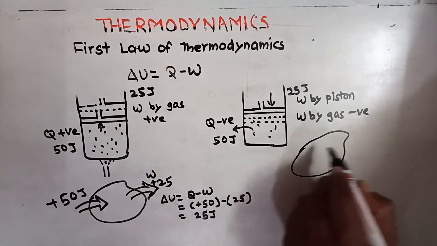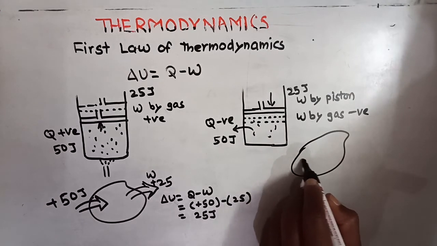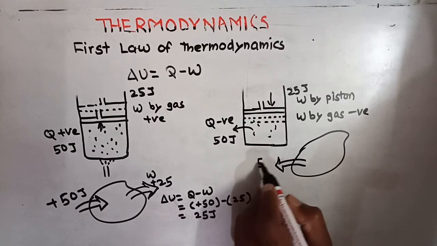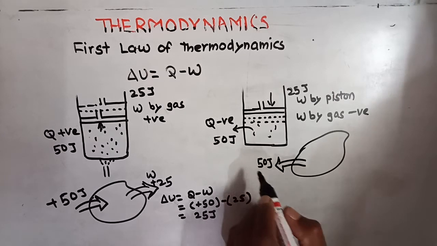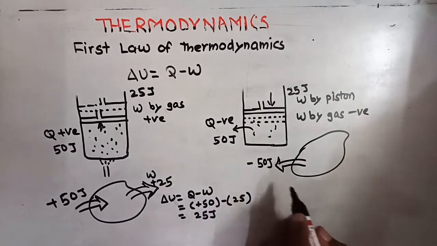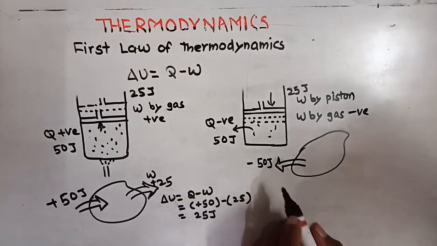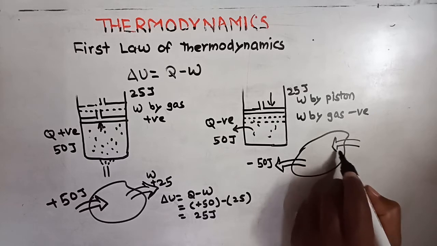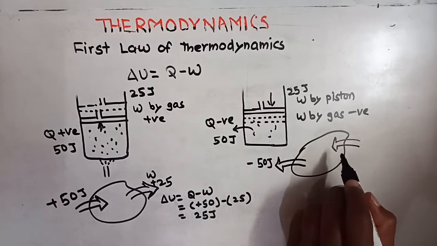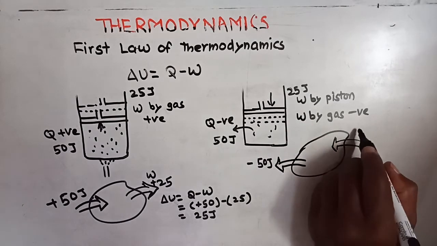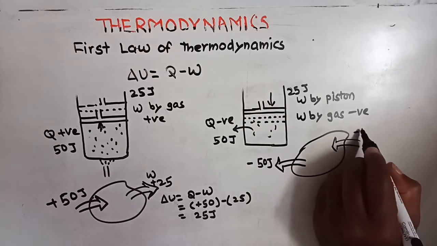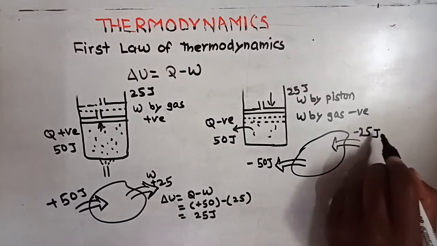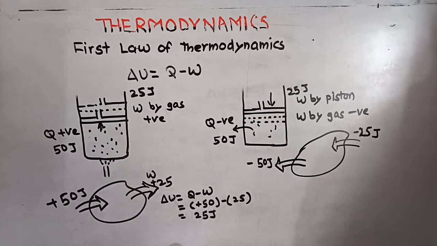This should be represented by the system, as heat is released from the system, so this is taken as minus 15 joule. And the work is done by the piston on the gas, and as work is done by the piston on the gas, it is taken as negative of 25 joule.